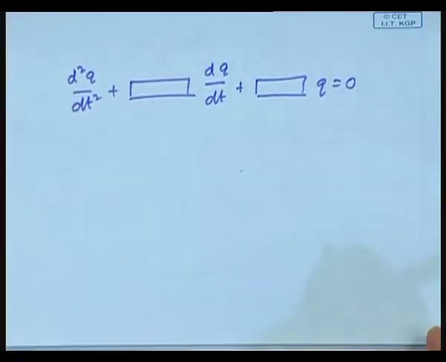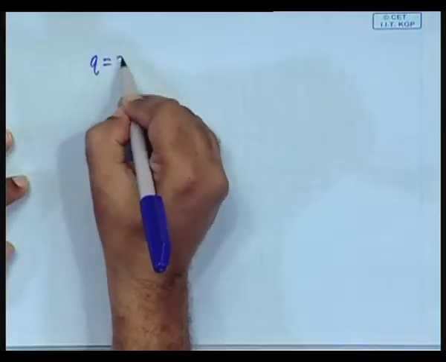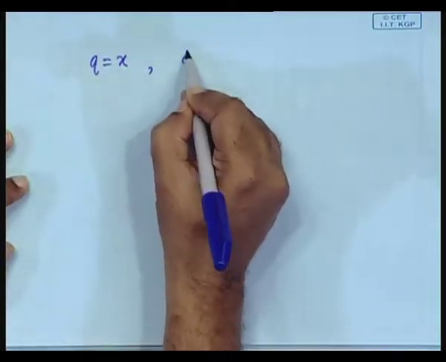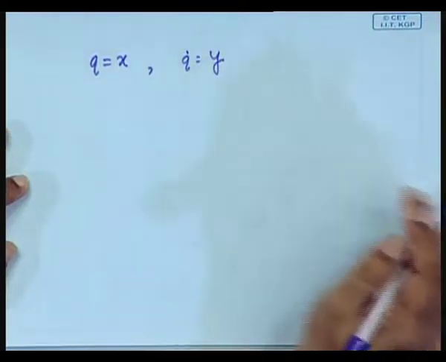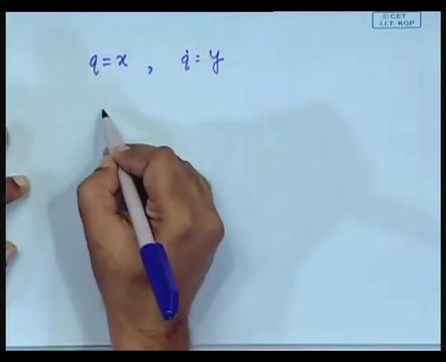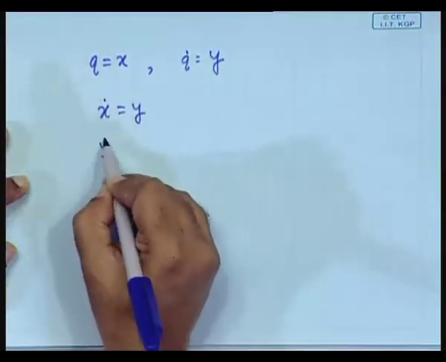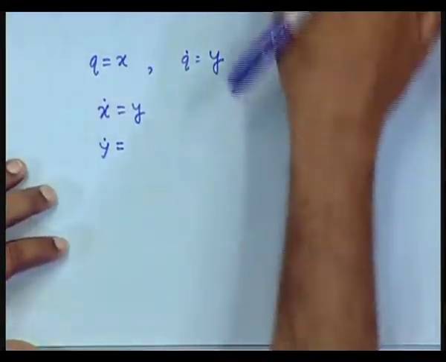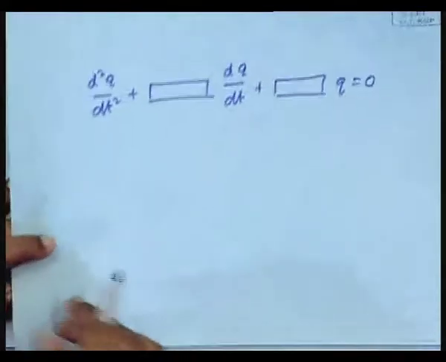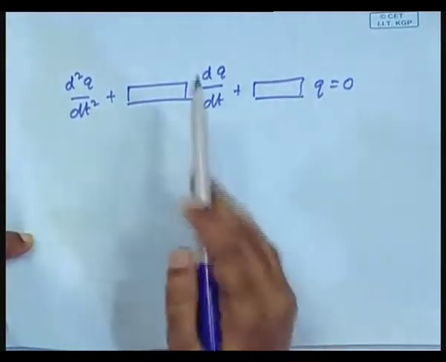How do you obtain this? That can be obtained by assuming q is equal to x and q dot is equal to y. So, if you proceed, you get x dot is equal to y and y dot is equal to that whole thing, this thing taken to this side.